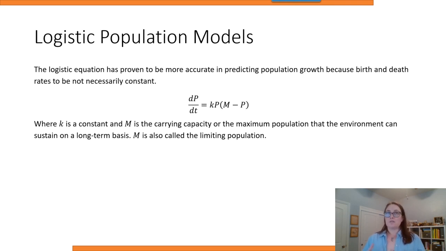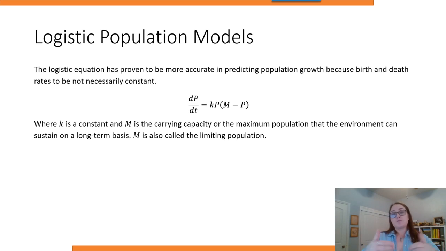You could also call this the maximum population that the environment can sustain over a long-term period. It's also sometimes referred to as a limiting population. So this usually has to be given, or we need enough information to actually find it.